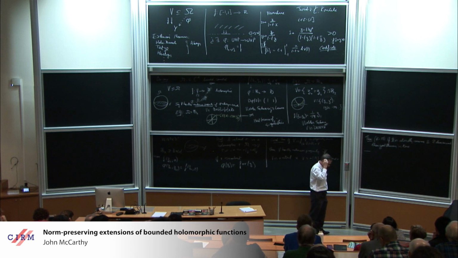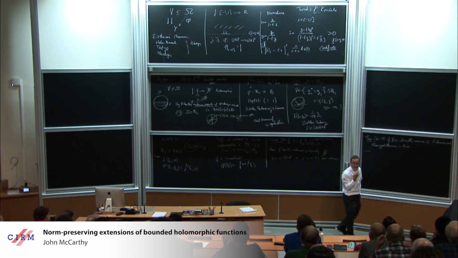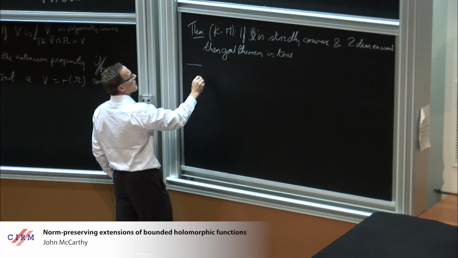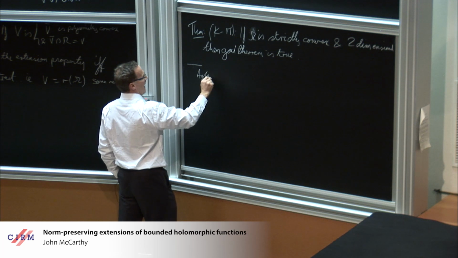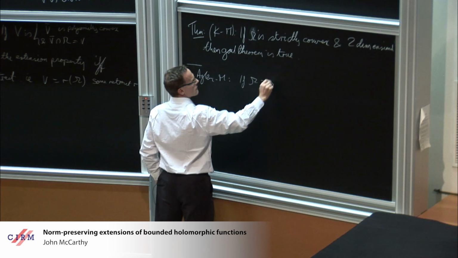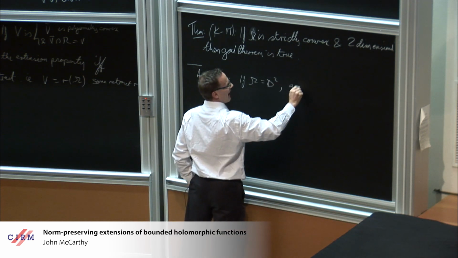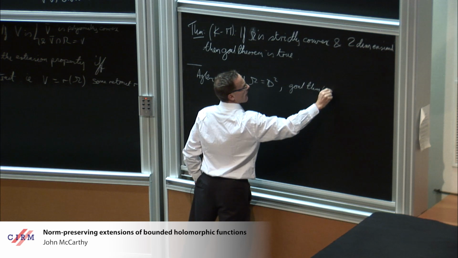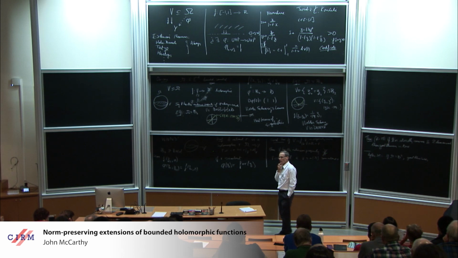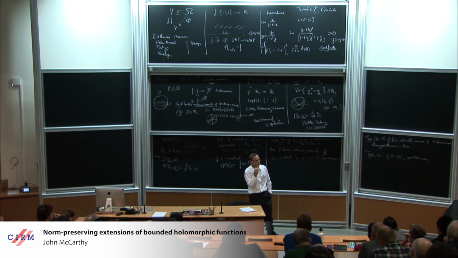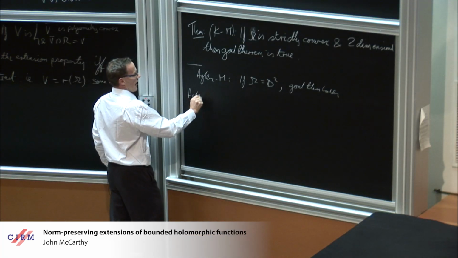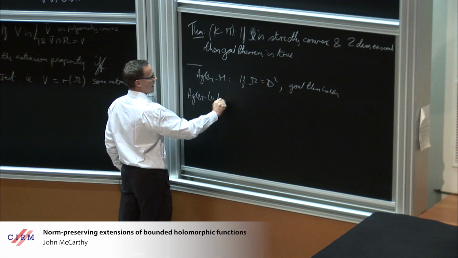Before I do that, let me just give a little bit of history here. So the first theorem I know of this nature was one I proved a long time ago with Jim Agler, which says that if omega is D2, then the goal theorem holds. But the critical importance of convexity was shown in a recent paper of Agler, Lykova, and Young.